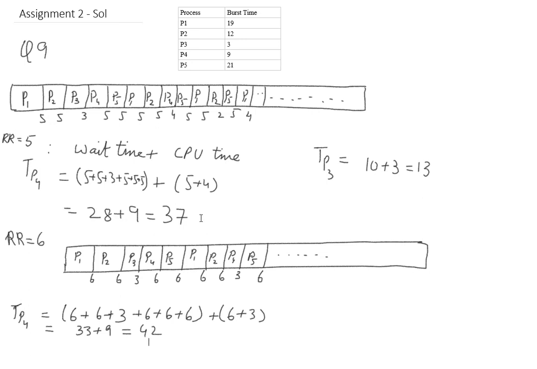So instead of 5, we have 6 in the beginning and the remaining 3 at the end. Now this is 33 plus 9, which is 42, which means that from 37 the turnaround time has increased for this process when you increase the quantum time. But sometimes when you increase the quantum time, it will decrease. It depends. So that's the end of question 9.